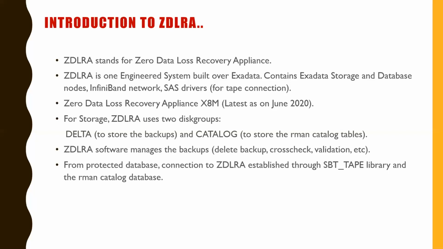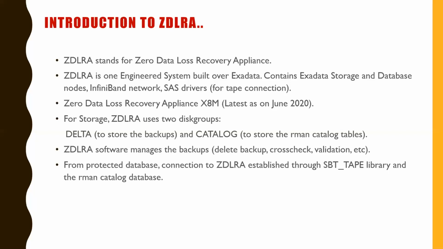If everyone is aware of tape backups, whenever we use a tape backup, we generally configure the channels in RMAN. For disk, we'll also be configuring the channels. The channel is a communication path where, using threads, the backups are read from the database and written to the target, whether it's tape or disk.